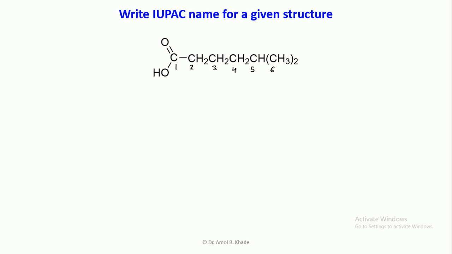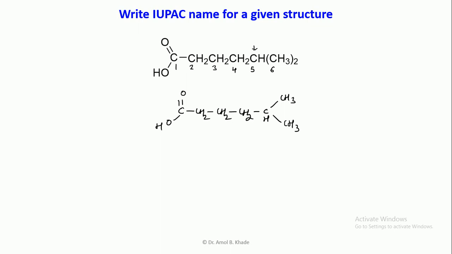There are 2 methyl groups connected to this particular carbon, so we can simplify this structure in this way. It is C double bond O, OH. Then there is a CH2, CH2, CH2, and then CH, and to this CH we have 2 methyl groups attached.